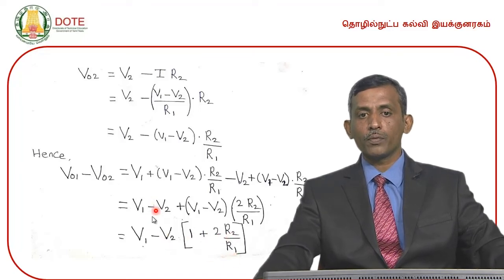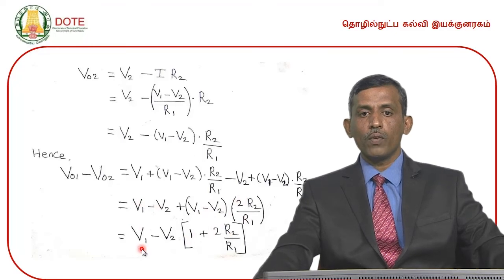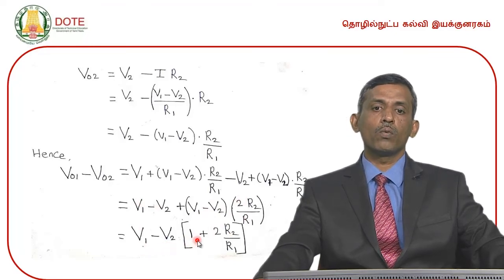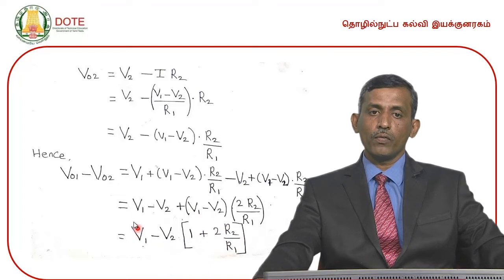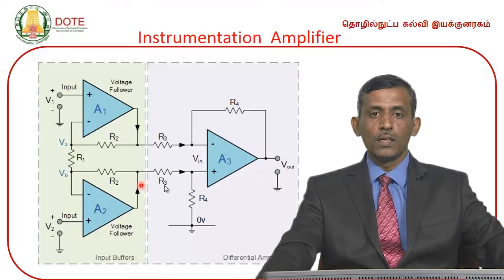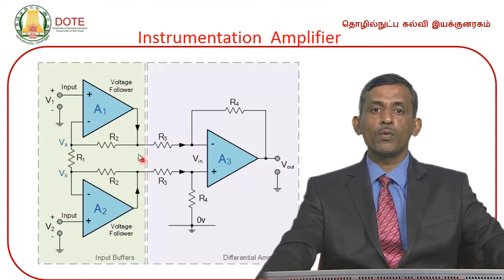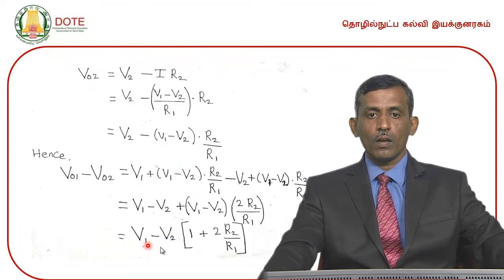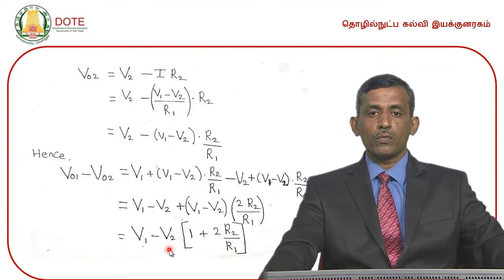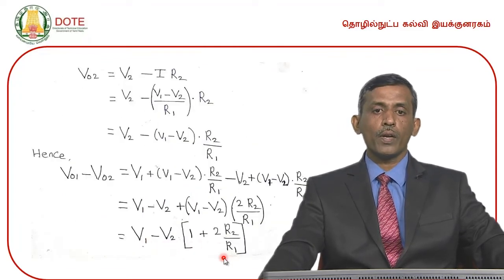From the first term, taking V1 minus V2 out leaves 1; from this term, it leaves 2 R2 by R1. So you get V1 minus V2 into 1 plus 2 R2 by R1. This is VO1 minus VO2, the differential voltage. Here VO1, here VO2, and the differential potential VO1 minus VO2 is V1 minus V2 into 1 plus 2 R2 by R1.